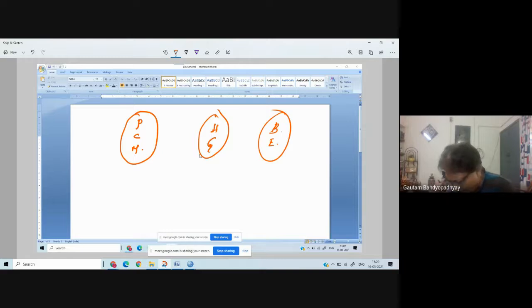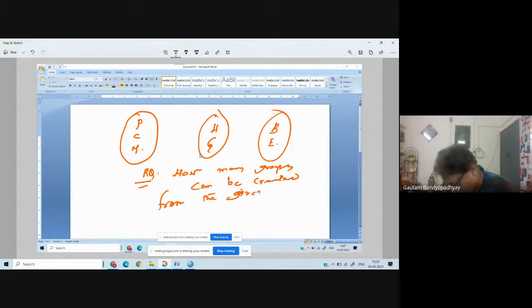That means the first research question is how many groups can be constructed or created from the given data set. So this is the first research question.